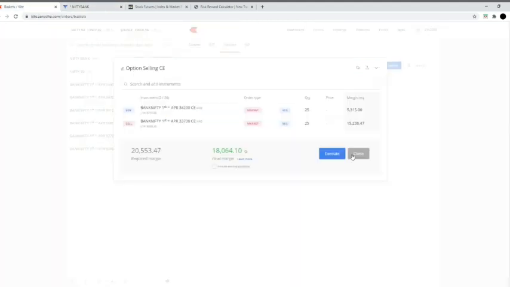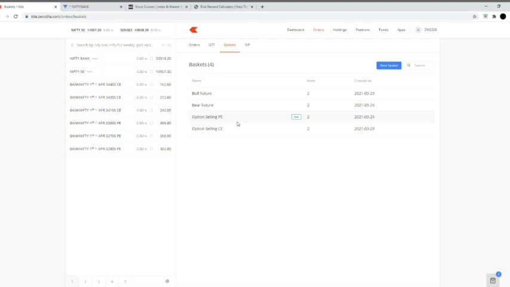So with this, I conclude my session of teaching you about how a basket order works, and what is the strategy behind executing a basket order, and how to reduce your margins drastically. And with a small capital, you can go ahead and compound your way to success by deploying them.